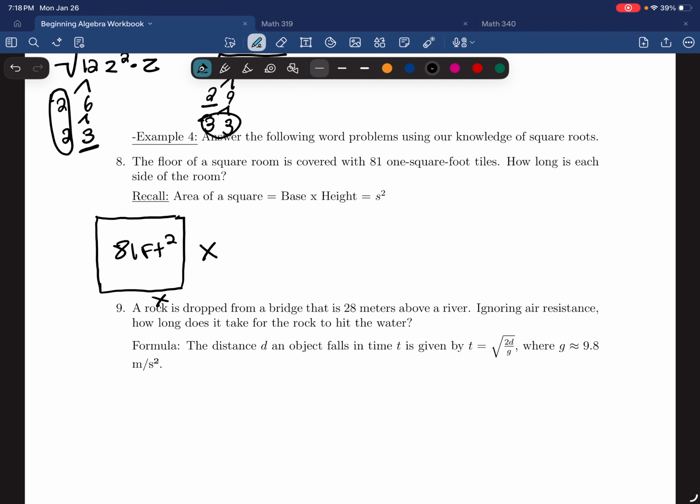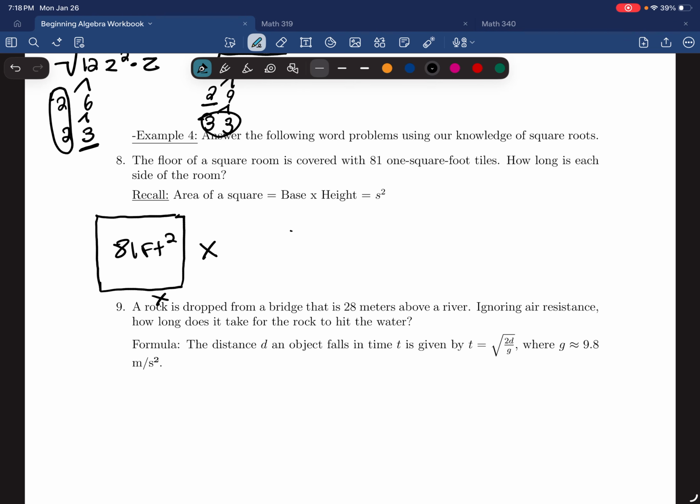Well, looking at this, if we set 81 feet squared equal to x times x, base times height, and we want to solve for x, we know that x times x equals x squared, and I'm actually going to remove this unit here, feet squared, for now.